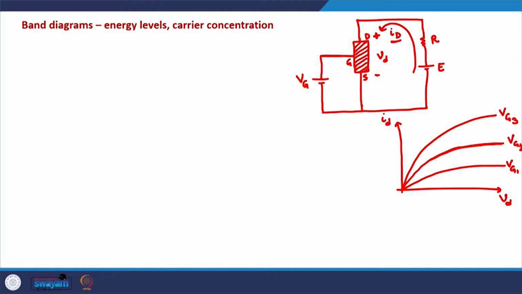And in this closed circuit here, if we write down the KVL, it would look like this: E is equal to ID times R plus VD. So, in this closed loop, the KVL will look like this.